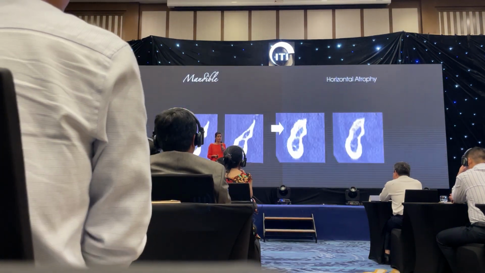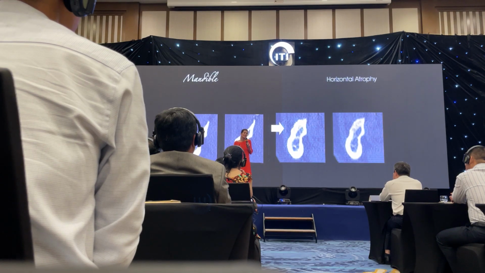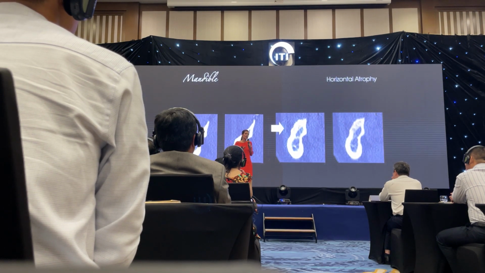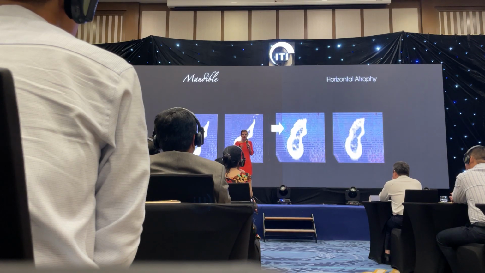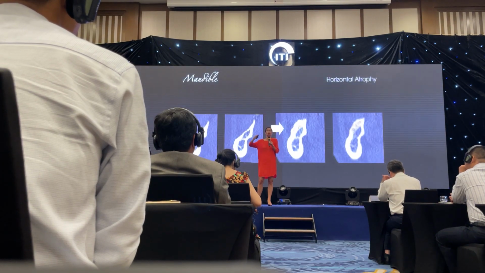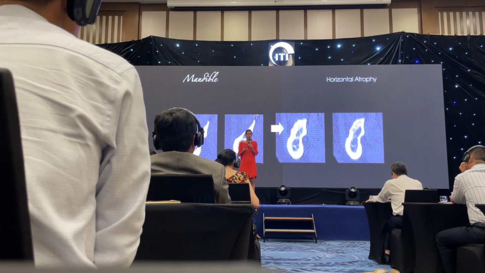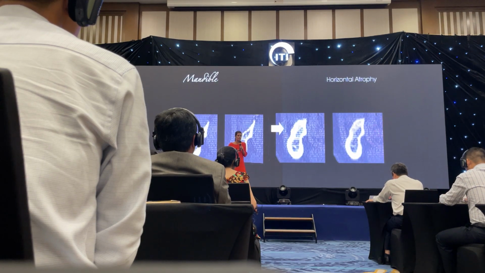So with this technique, as you could see, I usually had to wait about 9 months. With this technique, I could augment, I mean, we have an augmentation that now allows you to place an implant. This is not a huge augmentation. This is a small one, but still able to place an implant.